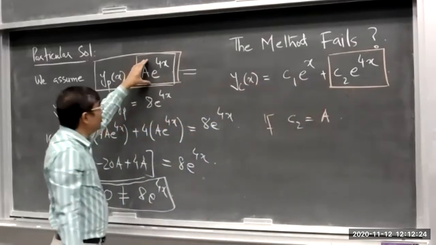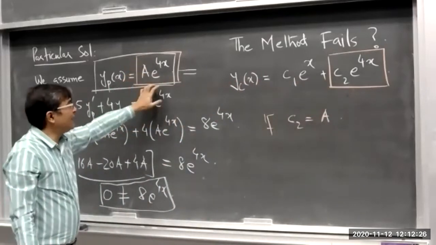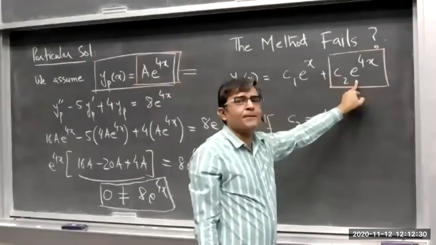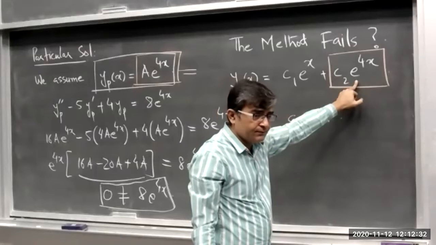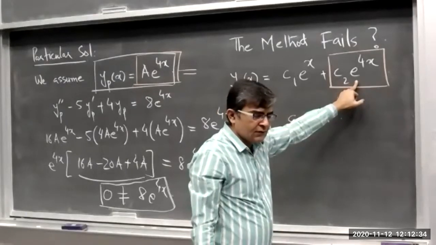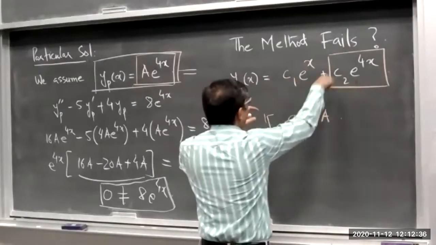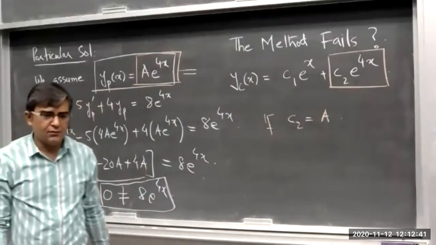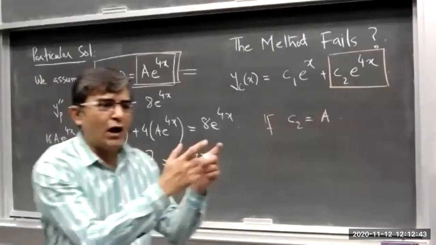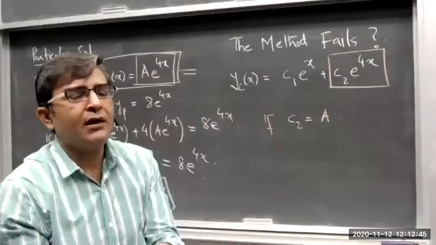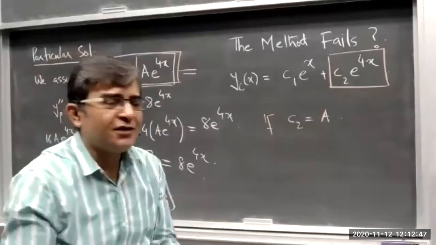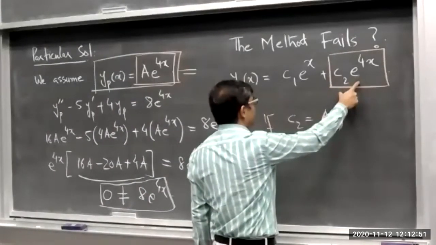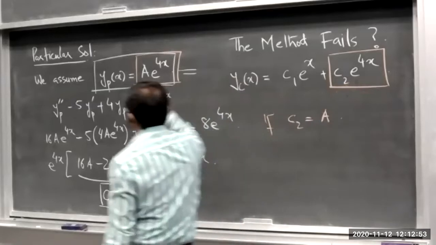This assumed particular solution is already present in the complementary solution. So these two solutions, yc and this, are not linearly independent solutions. The particular solution yp depends on basically the function which is already there in the complementary function. That is why this method fails.